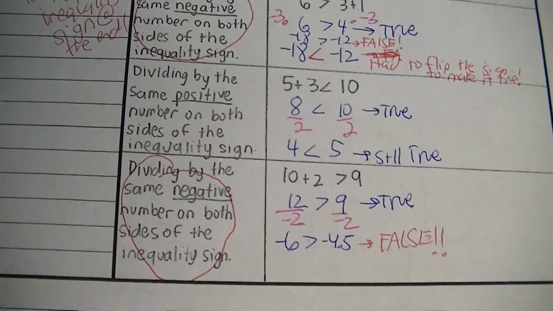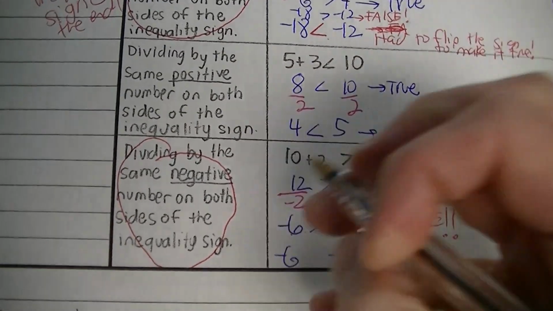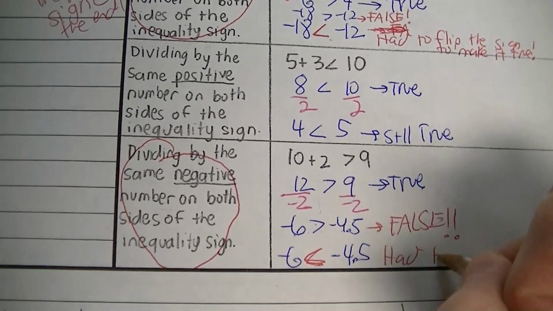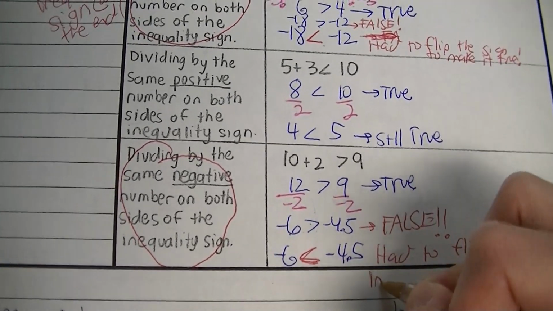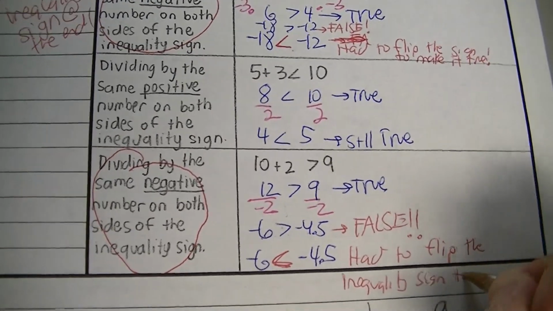So what we have to do is at the very end, we had to reverse the sign to make it a true statement, okay? So we had to flip, or you could say reverse, the inequality sign to make it true.